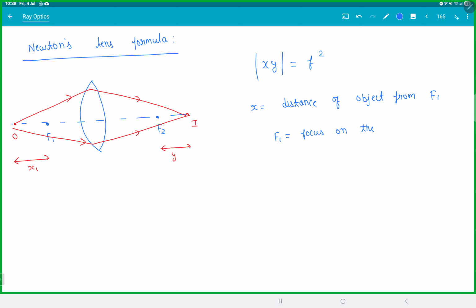If the light rays are coming from the right side, then this will be f1. Y is the distance of image from f2. F2 is automatically the side of the refracted rays. What if you take a biconcave lens? Then how will you measure the directions?